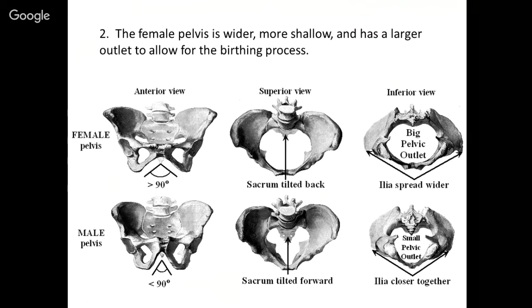The bottom of the pelvis is tilted back. And then here again, you can see that change of opening. So in the woman, the tailbone doesn't come into the opening as much, whereas in the male, the tailbone and the sacrum come right into the opening more. It's more closed in general.